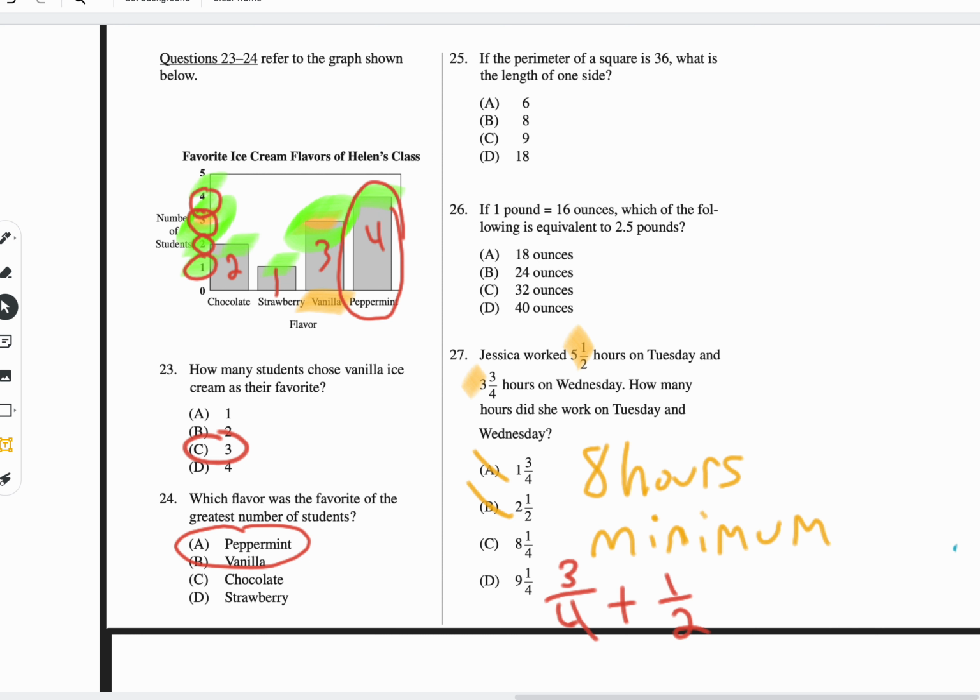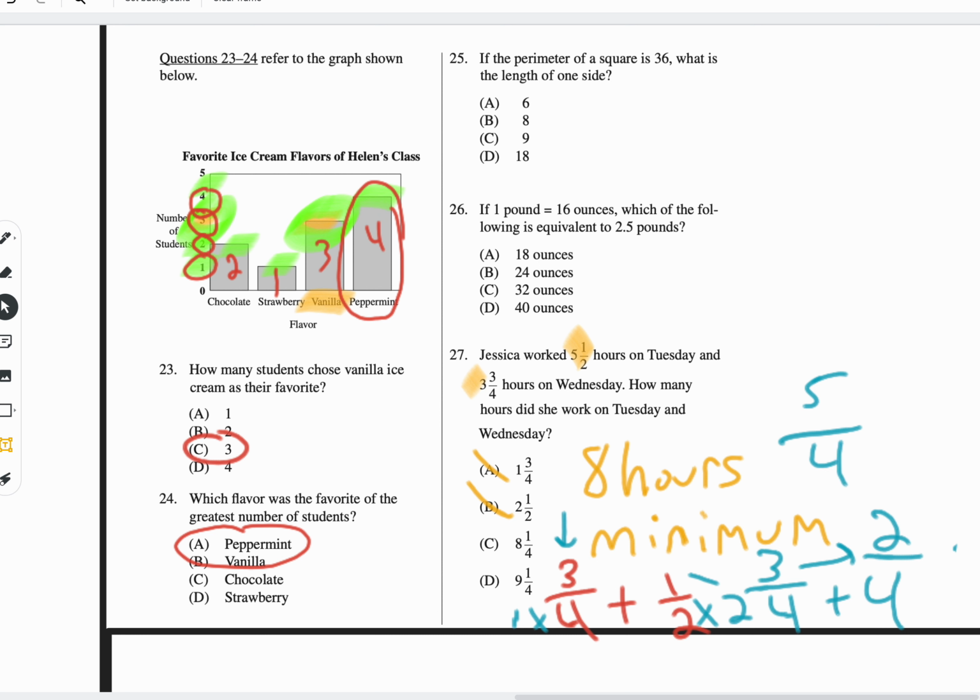Our common denominator here is 4. Four times 1 is 4. 1 times 3 is 3. 2 times 2 is 4. 2 times 1 is 2. We can add 3 and 2 to get us 5/4.